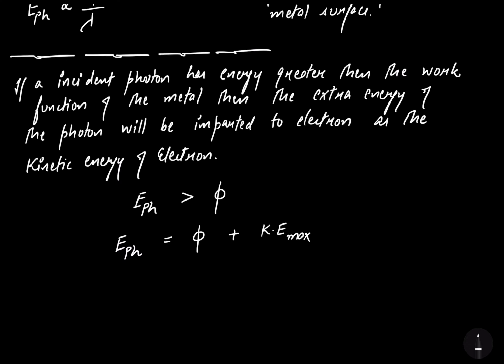Here I am writing maximum because after ejecting, the electron will have the maximum kinetic energy that has been given by the photon. So energy of photon will be equal to phi plus kinetic energy maximum.